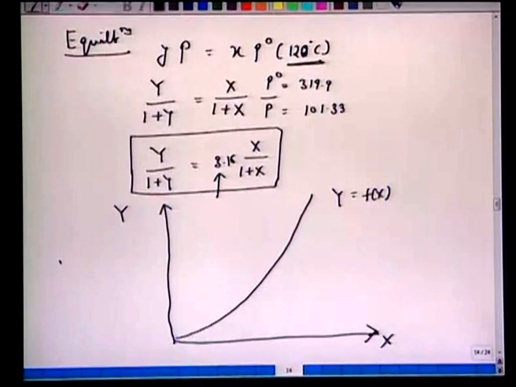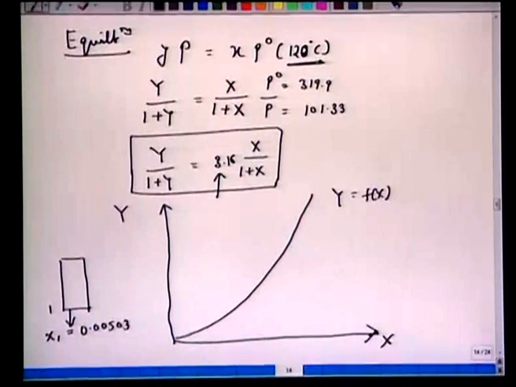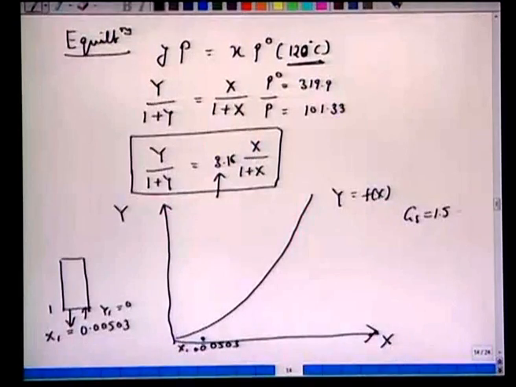If you recall, in this desorption column we know the concentration x1 of the liquid at the exit, because this is a fluid which is going to be sent back to the absorption column, and this x1 was given as 0.00503, and the solvent is pure, so y1 is 0. So we can mark this point here, x1 equal to 0.00503. Now what is given to us is that GS is 1.5 times GS min.